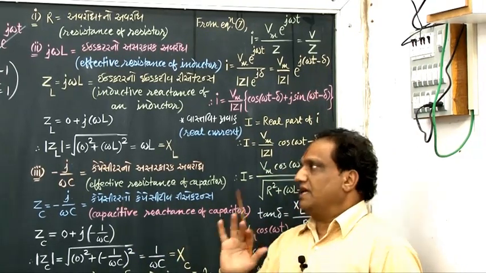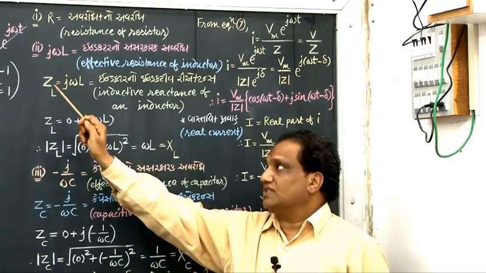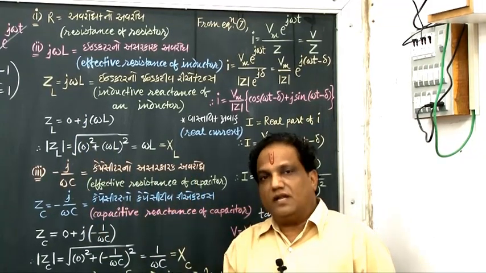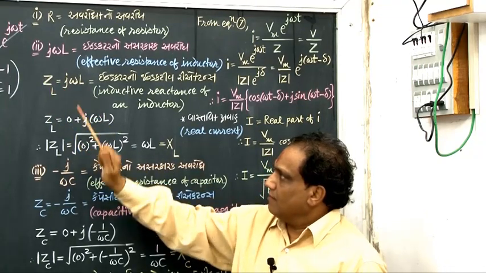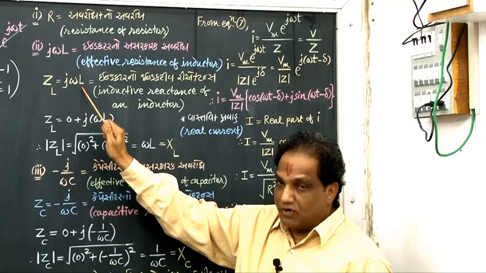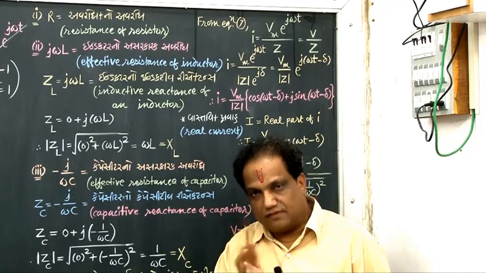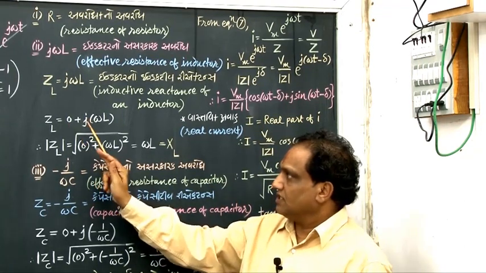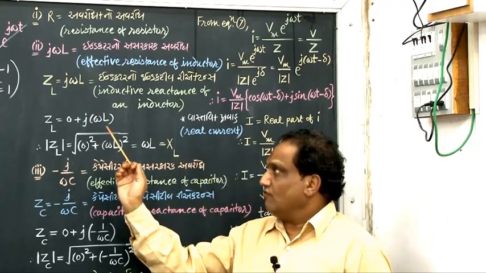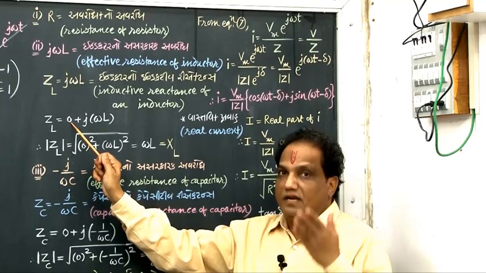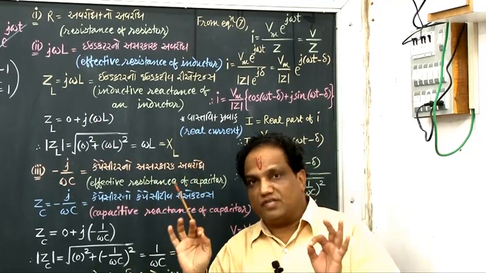Now in the textbook they have given the formula for the magnitudes of ZL and ZC directly. Let us find out those magnitudes. ZL I have written as it is, but instead of j omega L I am putting 0 plus j into omega L. Without j is the real part, and the coefficient of plus j is the imaginary part.